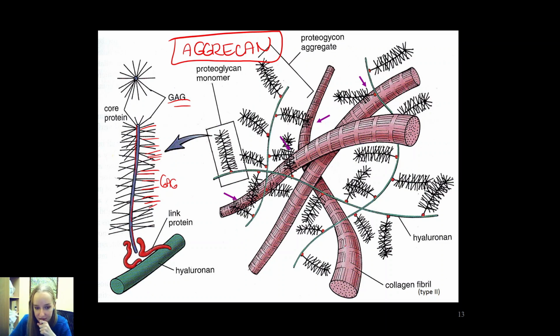And what we can see here, really each aggrecan is attached to a long molecule of hyaluronic acid, or simply called hyaluronan.